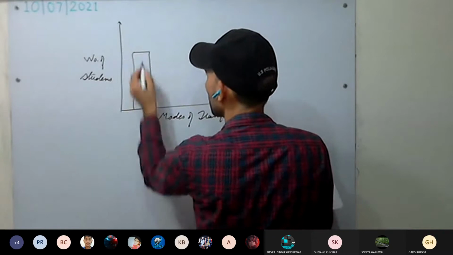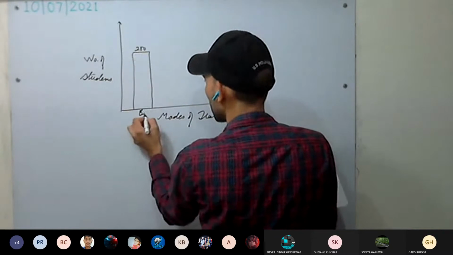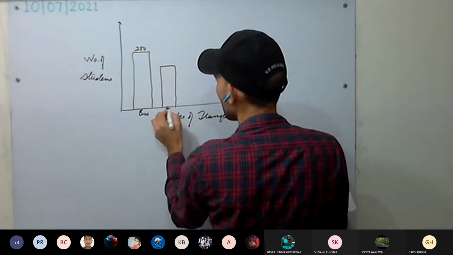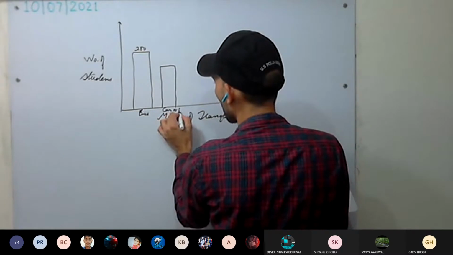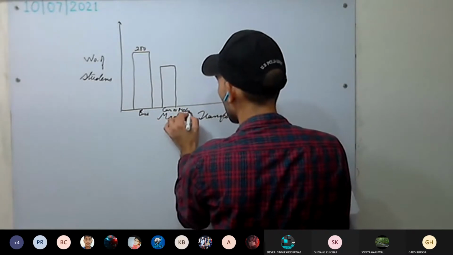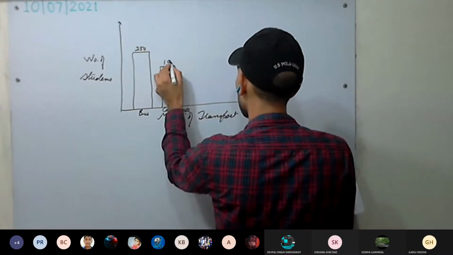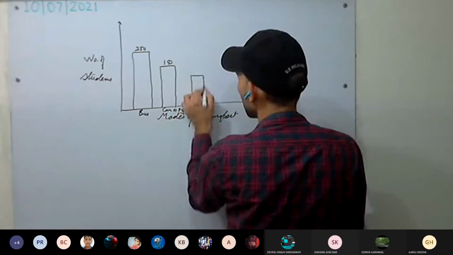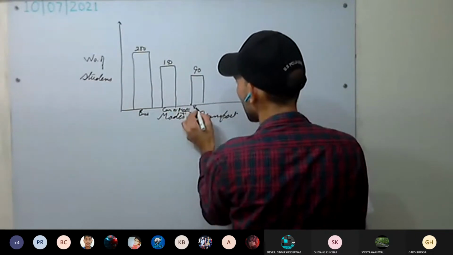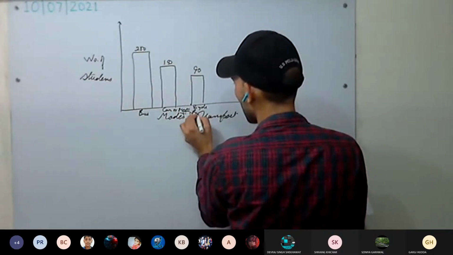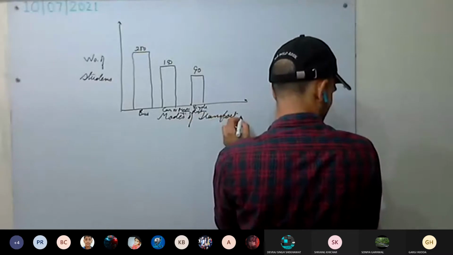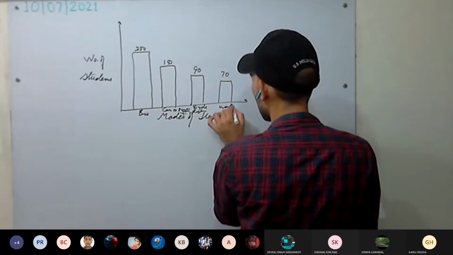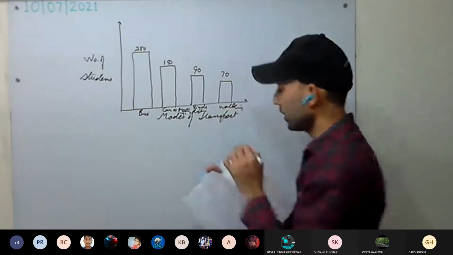Next we have car or motorcycle, it is 150. Next we have bicycle or rickshaw, it is 90. And last we have walking, 70. You can see it in your book.